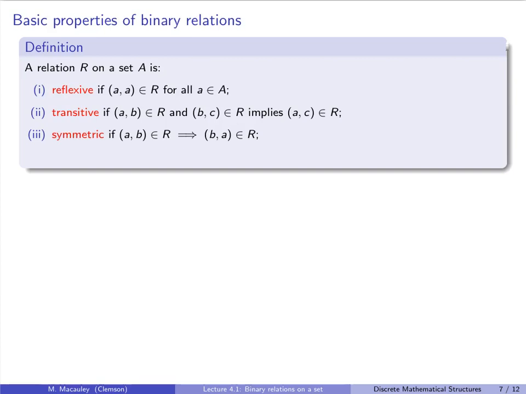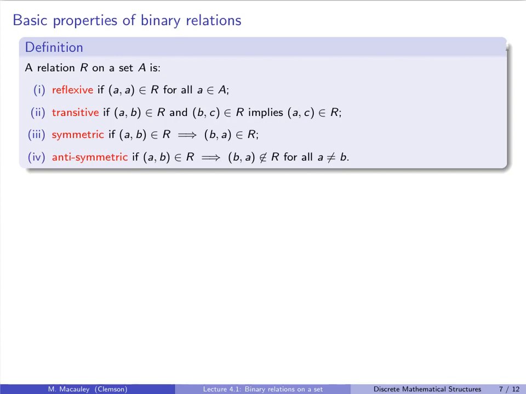We say that R is symmetric if any time A is related to B, then B is related to A. Notice that by symmetry, that also implies that any time B is related to A, then A has to be related to B. And finally, R is antisymmetric if whenever A is related to B, B is not related to A, assuming that A and B are distinct.